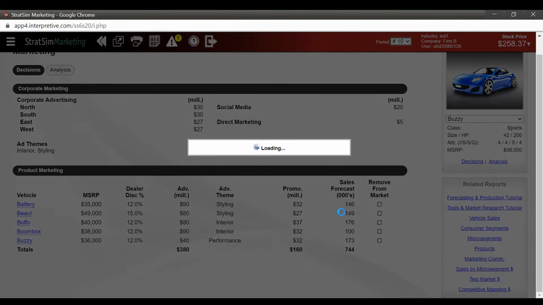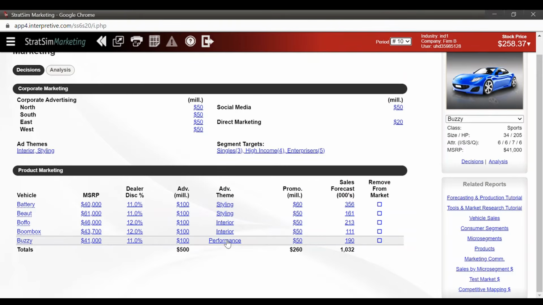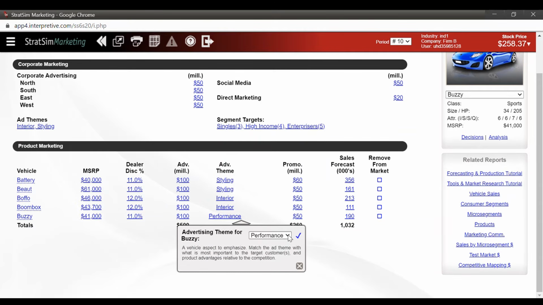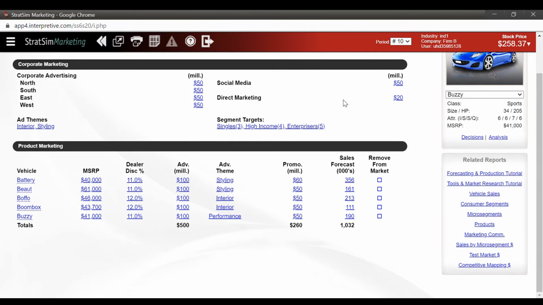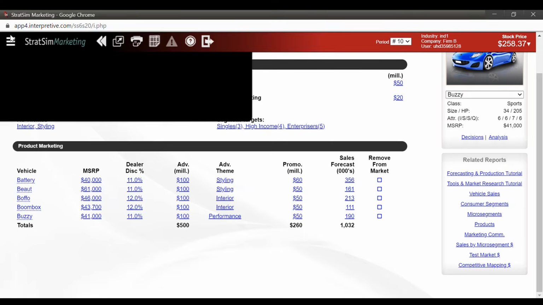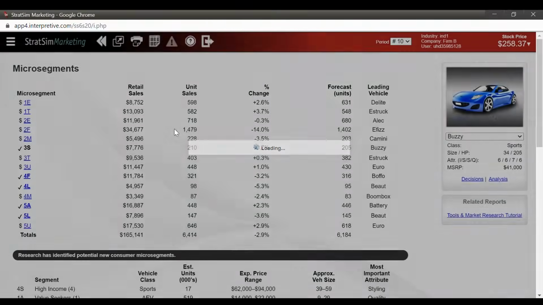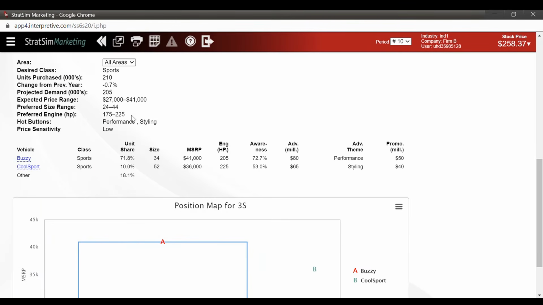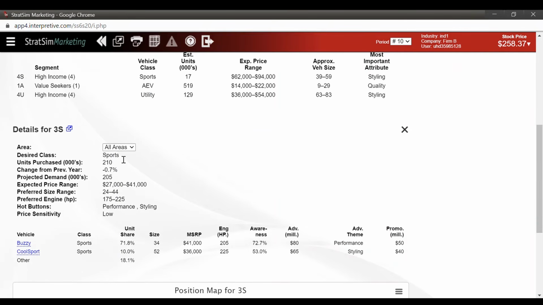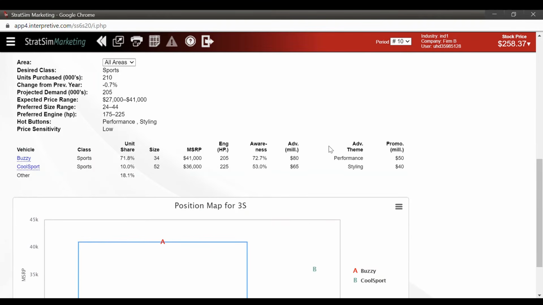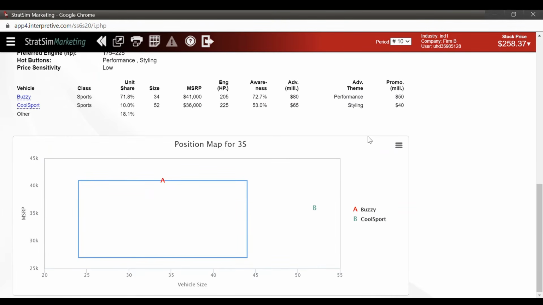This period is already closed, so it won't allow you to change, but if you need to, you can definitely change it. Back to microsegments. And that's basically it here, besides other information that you can take a look at.